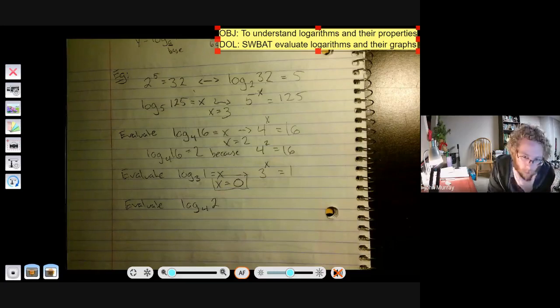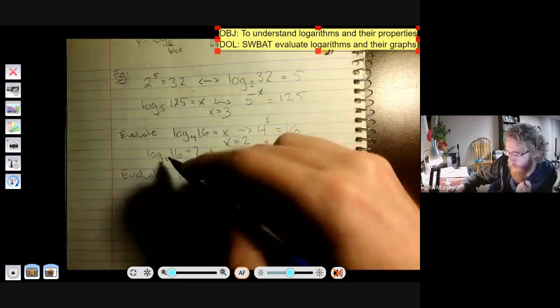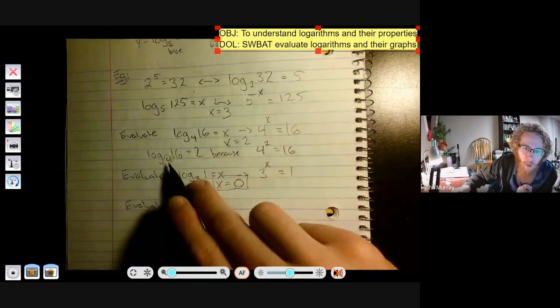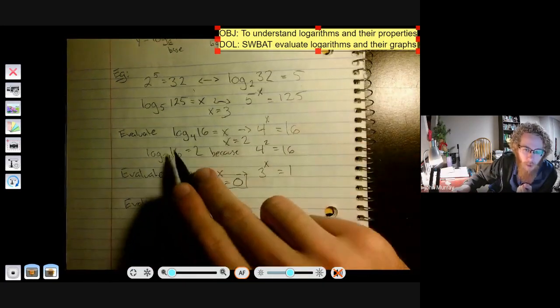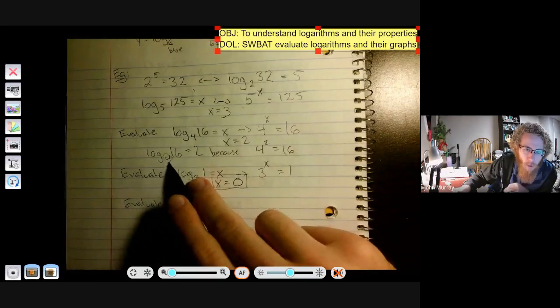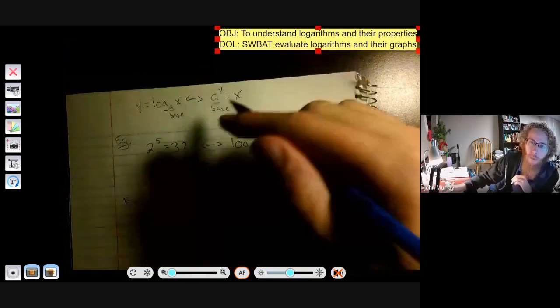Okay, let's take a look at log base 4 of 2. Actually, one thing I do want to say before we move on. If you have to write these out, if you have to do the logarithms, please make sure your bases are smaller and lower than your numbers. They're known as subscripts.